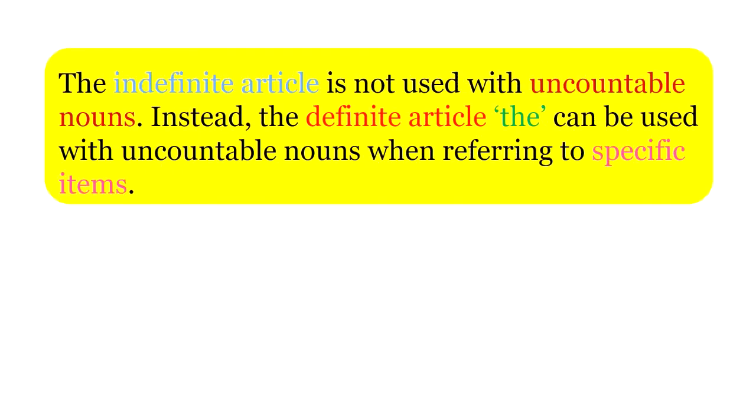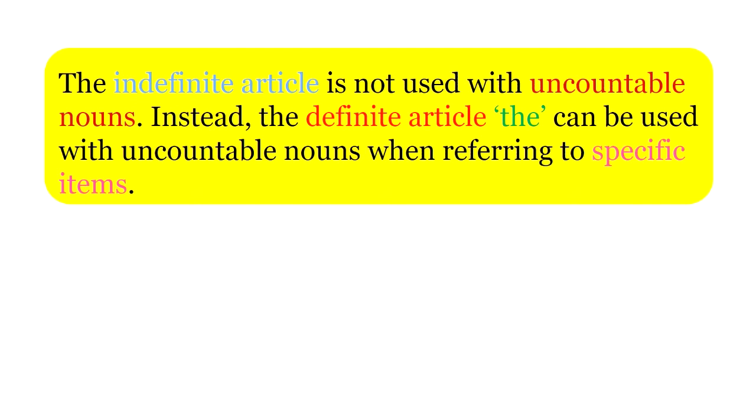The indefinite article is not used with uncountable nouns. That means a or an cannot be used with uncountable nouns. Instead, the definite article the can be used with uncountable nouns when referring to specific items.